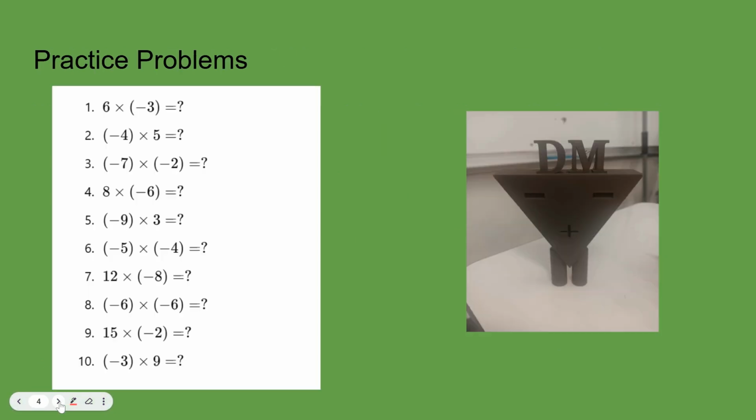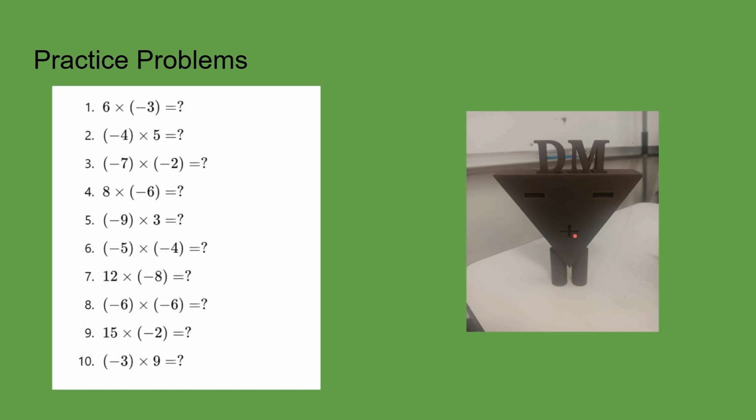All right, let us have some practice problems. We can use Mr. Dorito Man to help us practice all these problems involving multiplying integers. We have here 6 times negative 3.